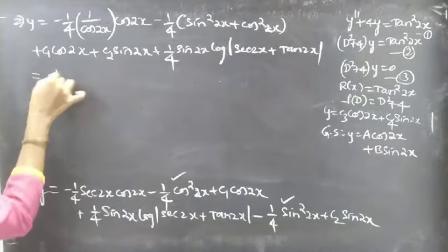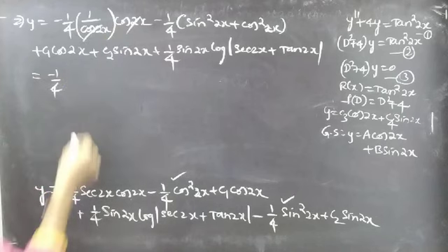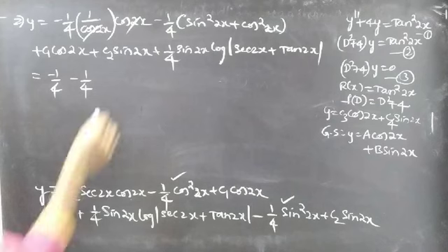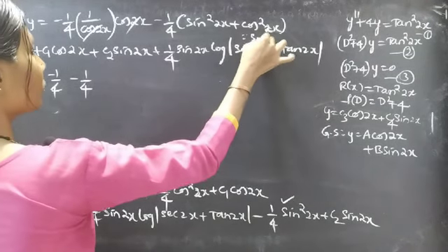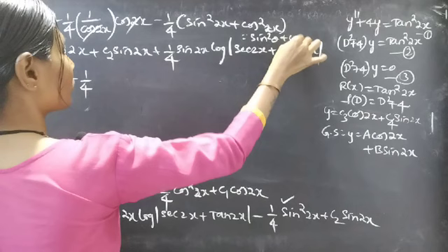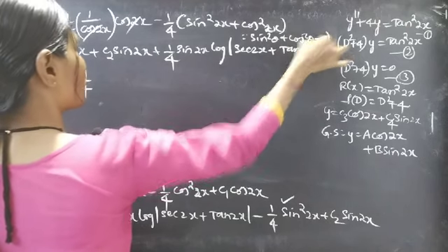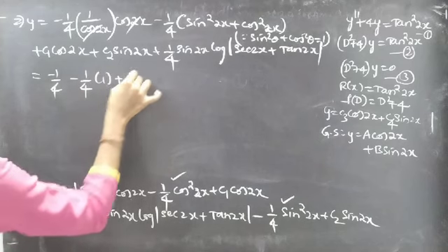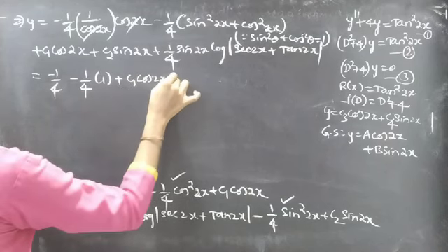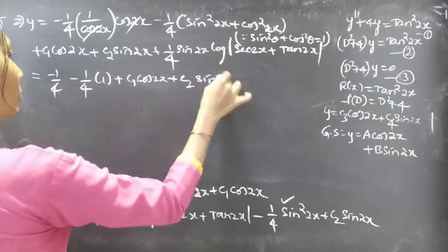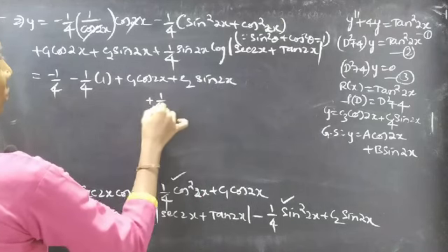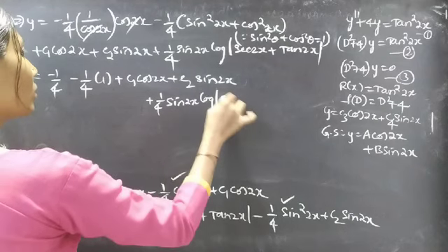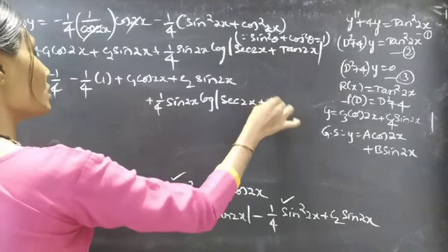This is equals to minus 1 by 4 into, here cos 2x gets cancelled, minus 1 by 4 into, since sin square theta plus cos square theta equal to 1, so this becomes 1, so minus 1 by 4 into 1 plus c1 cos 2x plus c2 sin 2x plus 1 by 4 into sin 2x log mod secant 2x plus tan 2x.